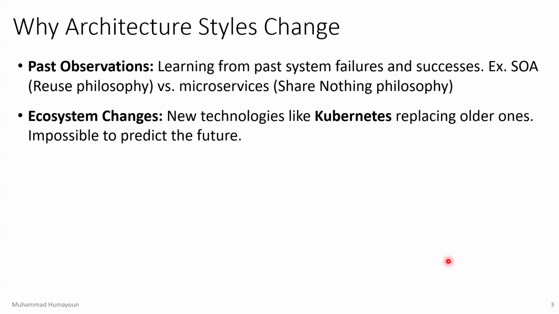Then ecosystem changes. Ecosystem changes talk about something very similar to what I discussed about containerization. Kubernetes is an open source system that allows this containerization. So it is something we all need to study now, what Kubernetes is.